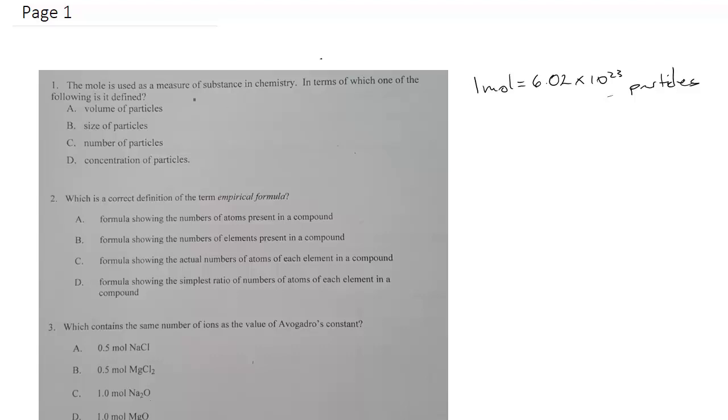Therefore, in this question, in terms of which one of the following is it defined, it is the number of particles. So we know that the mole represents how many particles we have, which is the same as Avogadro's constant.